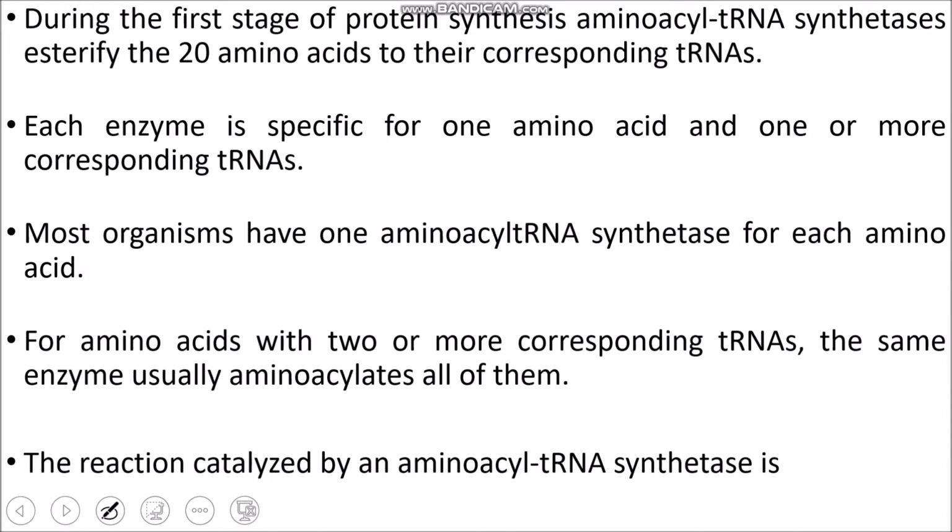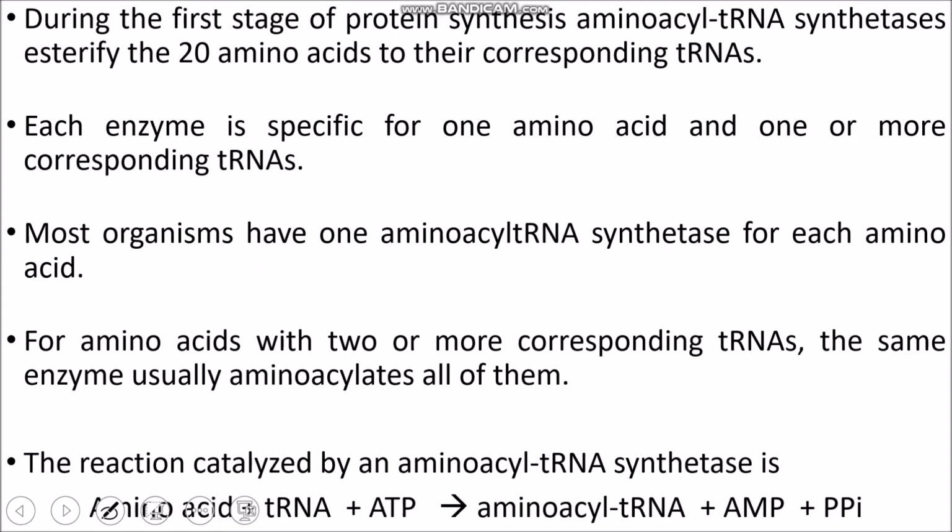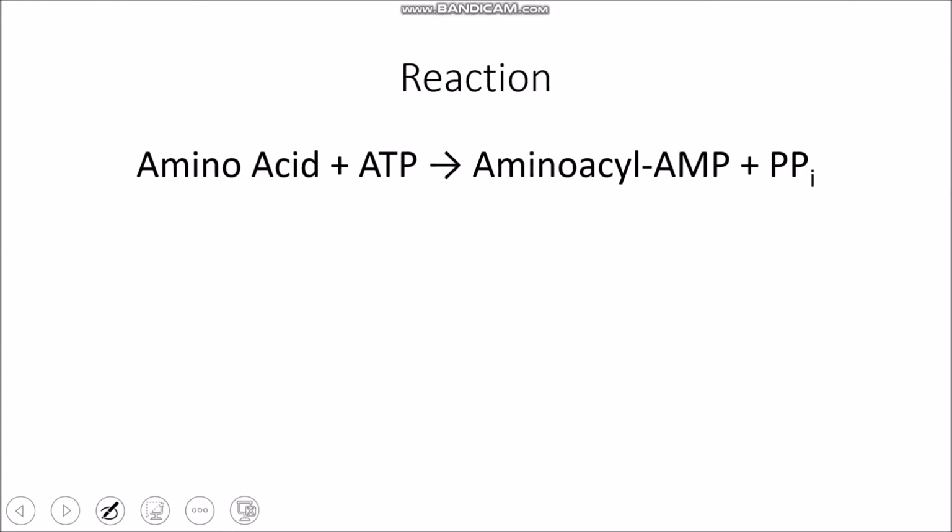The reaction catalyzed by this enzyme is amino acid plus tRNA plus ATP gives you loaded tRNA with the amino acid, plus AMP plus pyrophosphate, which we are going to see in detail. There are two reactions occurring in two different steps, and both occur on the enzyme itself. In the first reaction, the amino acid and ATP associate with the enzyme.